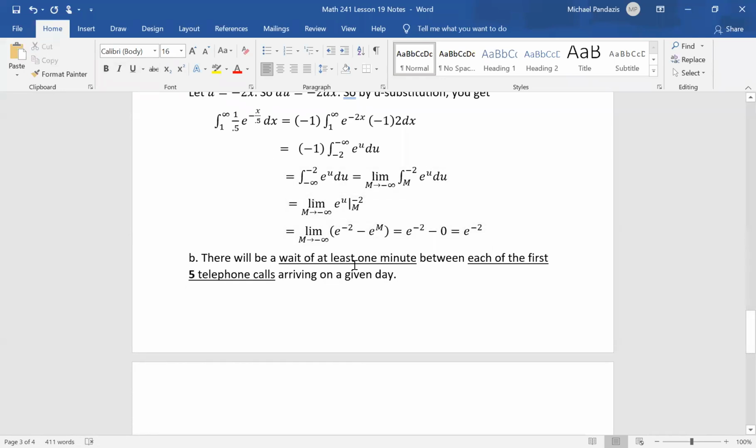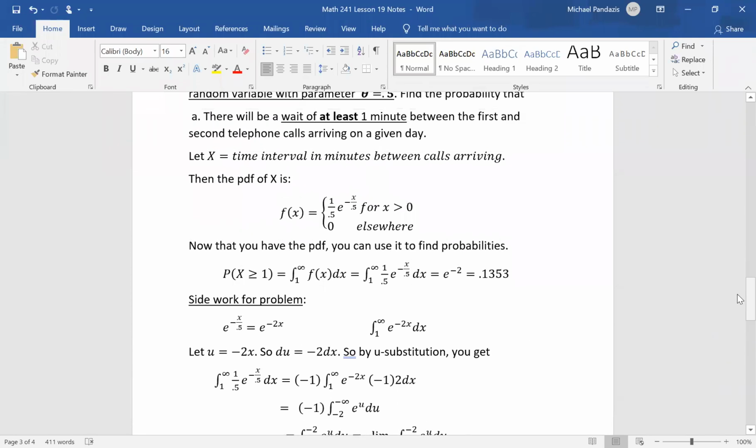Okay, so 2 things I want to point out. What's the probability of a wait of at least 1 minute? We calculated that already. That's 0.1353. Between any 2 calls, the probability of a wait of at least 1 minute is e to the negative 2, 0.1353.